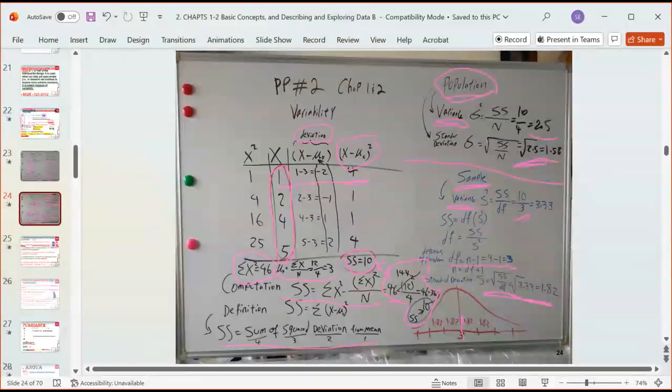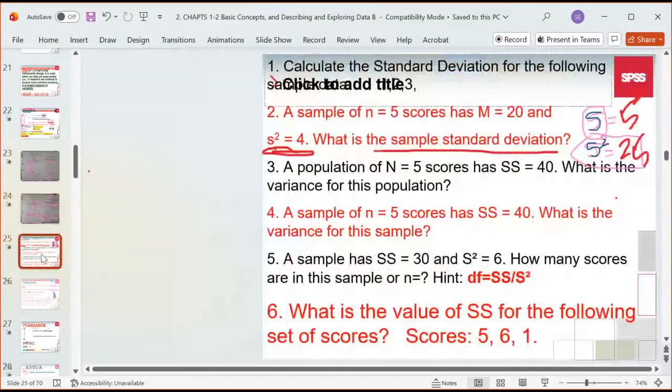Right there, SS and N. It's a population, so SS divided by N. This is the variance. 40 divided by 5. If it asks what is the standard deviation, then take the square root of that.